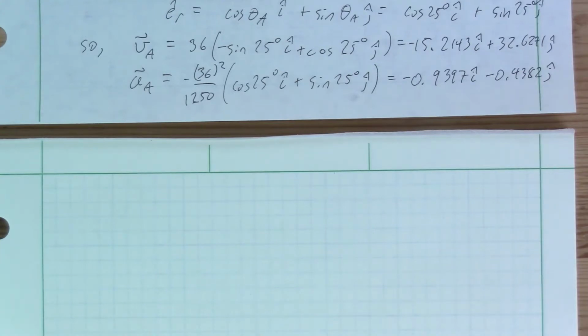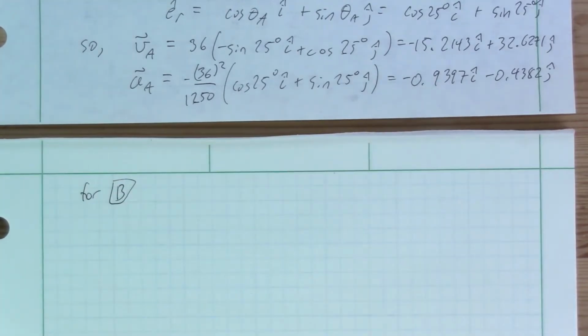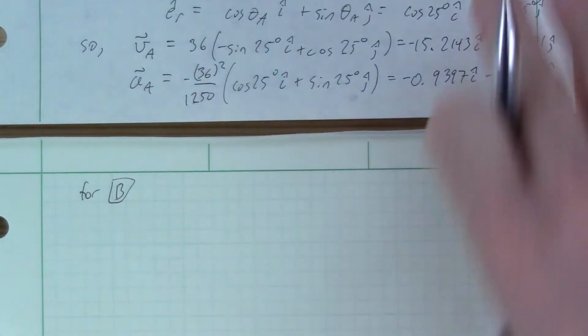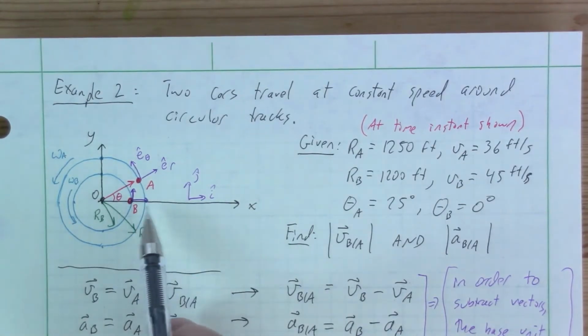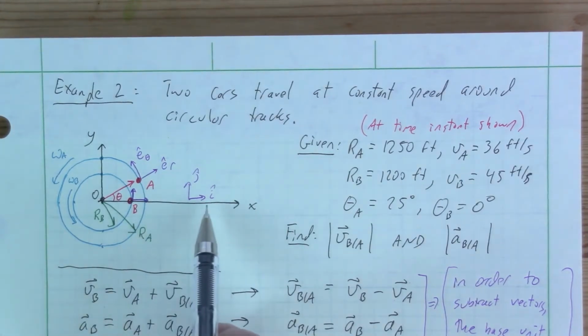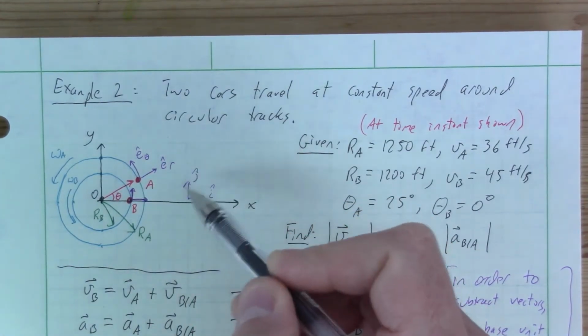Okay, now we move into B. We also have to convert B's unit vectors over, and we're going to be rigorous. At this point, I hope you can look at this and know that e hat r should just be the i direction. Go back to the diagram. The radial coordinate should just be along x, so our unit vector along the radial direction is just in the i hat direction, and then normal to it, e hat theta, is going to be purely in the j direction.